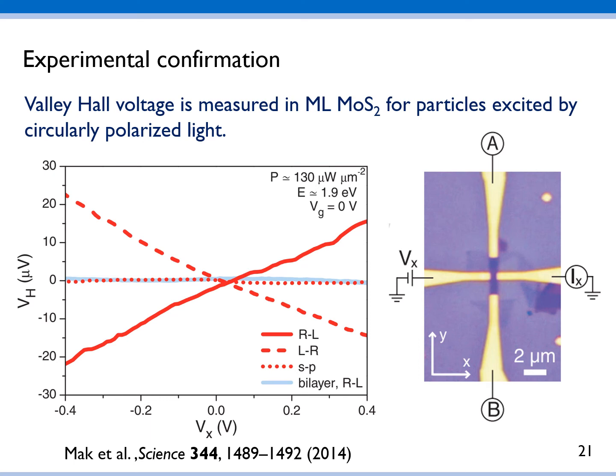And you can see here in the curves that when they shone circularly polarized light on the sample, they would get a valley Hall voltage in dependence on the voltage in the x direction, and the dashed line and the solid line are for opposite handedness of the circular polarization. However, if they shone linearly polarized light on the monolayer, or circularly polarized light on the bilayer, which has inversion symmetry, they did not find any significant Hall voltages.